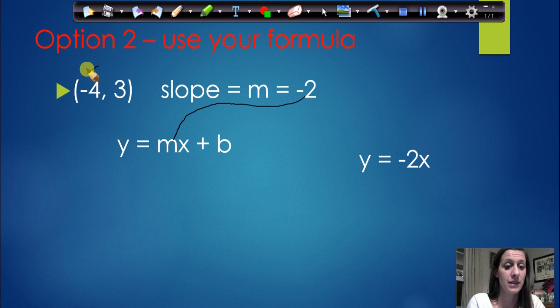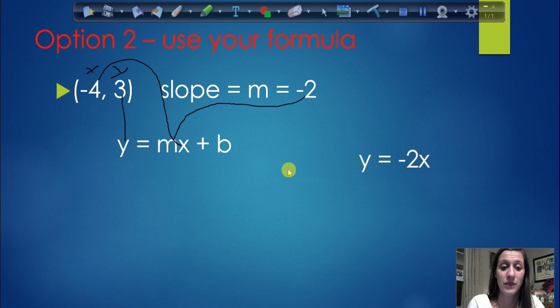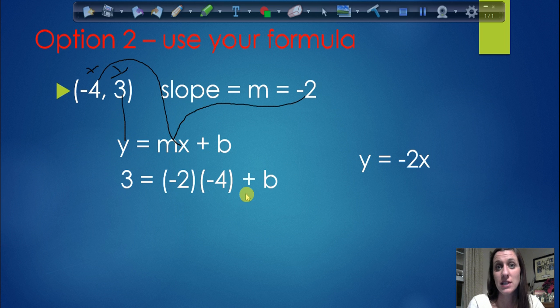You know that an ordered pair gives you an x and a y coordinate, or x and y value. So we can substitute these values into our equation. So the x value in my equation I can substitute in as -4, and the y value I can substitute in as 3. So when we substitute it in, this is what it looks like.